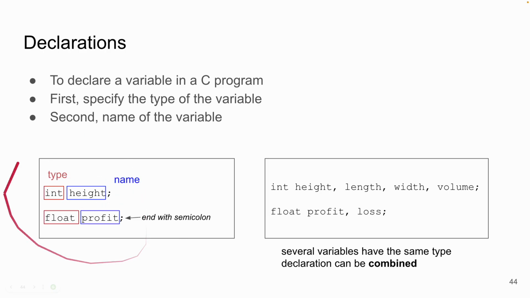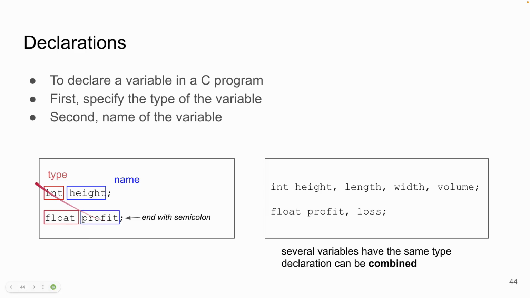In the example here, we have two variables. The first variable is named height, and its type is int, so it is an integer variable. Then we have the next variable. The name of the variable is profit, and the type of this variable is float.